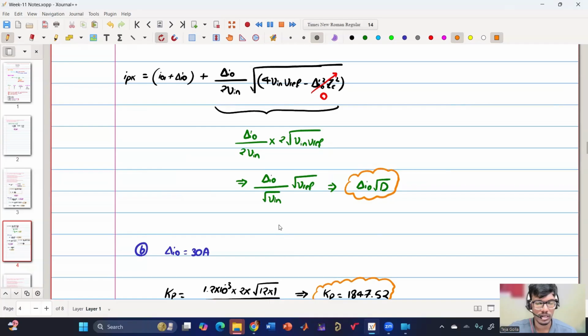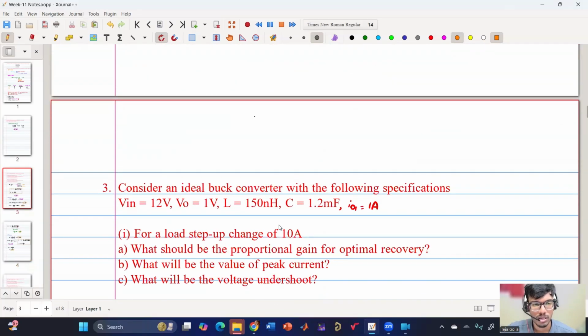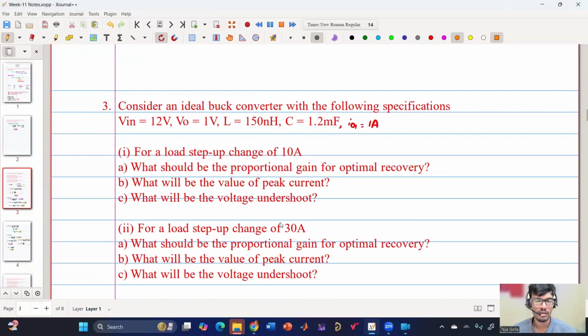So is this question clear? Maybe I'll just quickly summarize. In this question, I have given an ideal buck converter with the following specifications: 12 volt input, 1 volt output, 150 nanohenry inductance, and capacitance is 1.2 millifarad. And then the steady state current is 1 ampere.